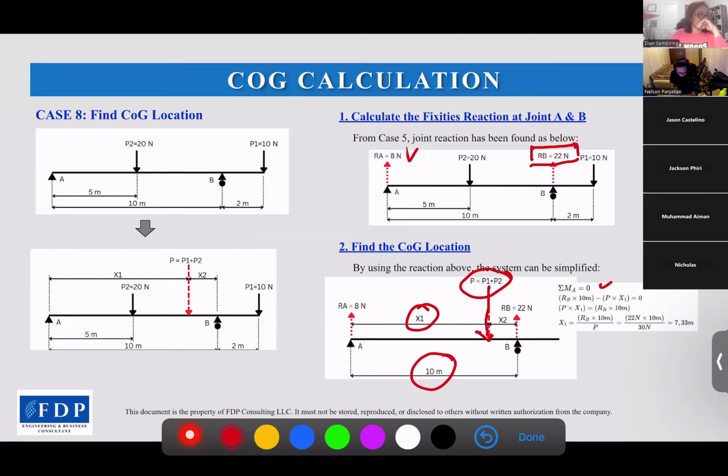So RB times 10 meters minus P times x1. Then we get x1 is 7.33 meters. So we got the COG, or the P location, 7.33 meters from A. So it will be here, 7.33, like that.